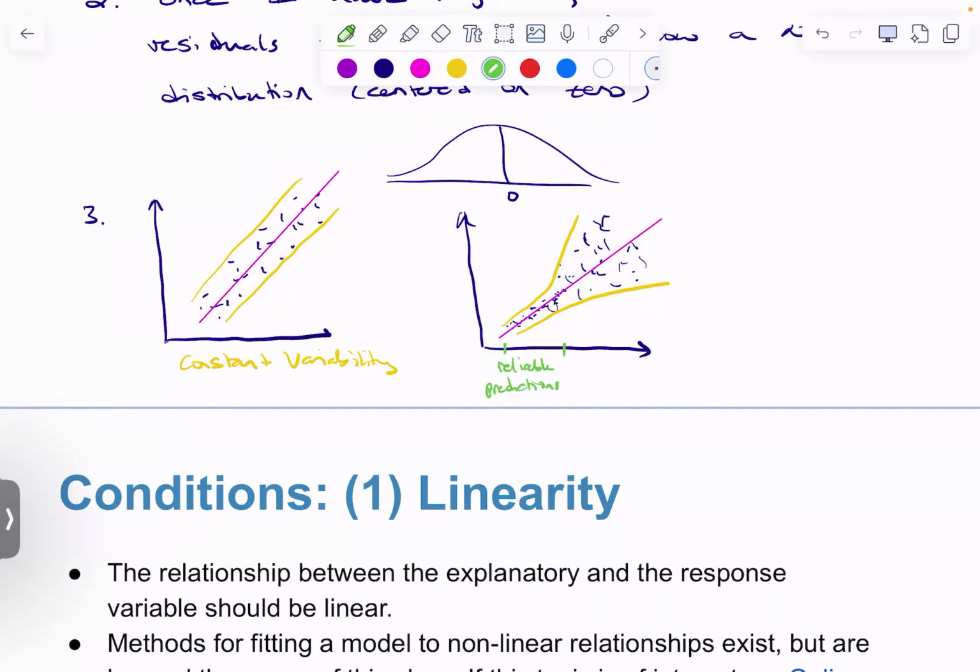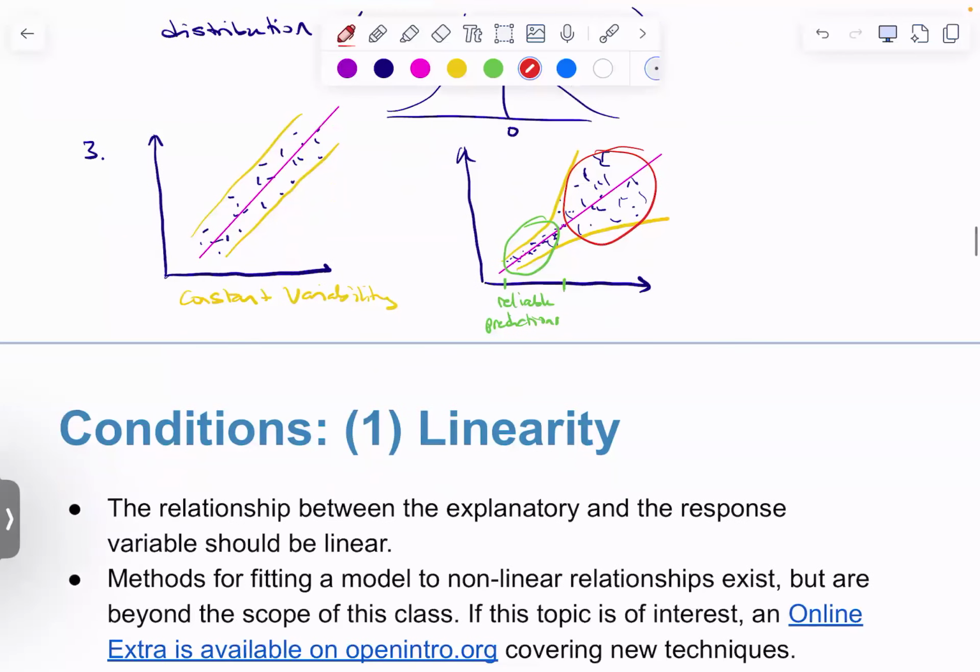Right? All the points are close to the line, and for this chunk of the line, I have very good predictions. My line is doing a really good job of capturing and modeling that relationship. Then we get out here. Now, all of a sudden, I have unreliable predictions.